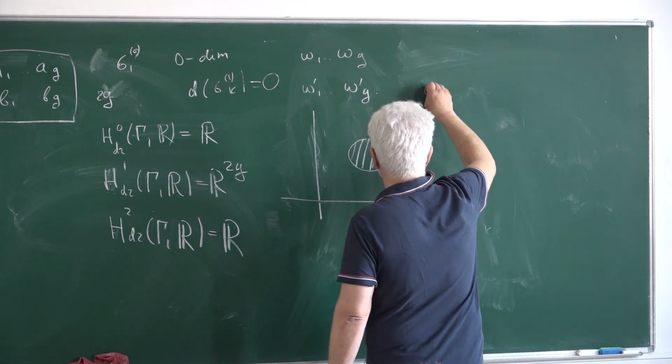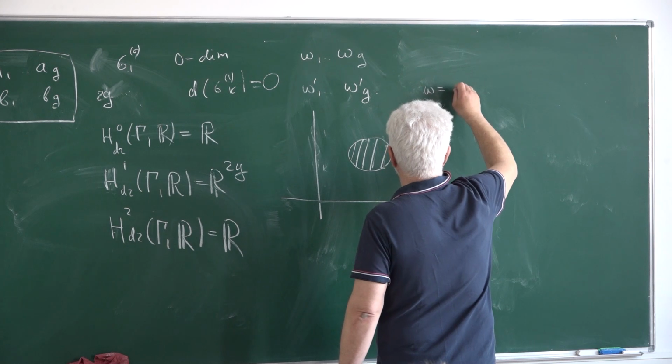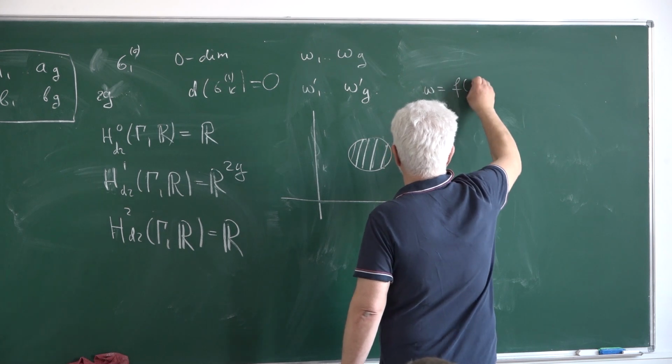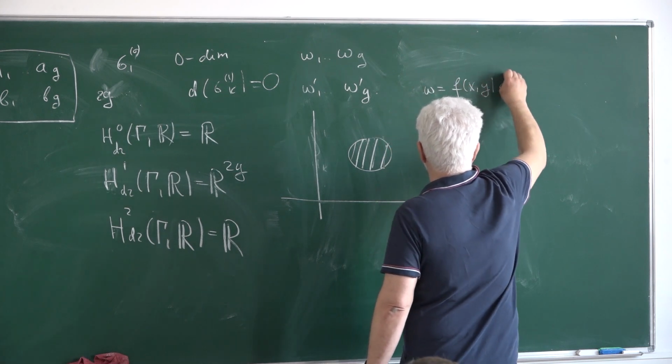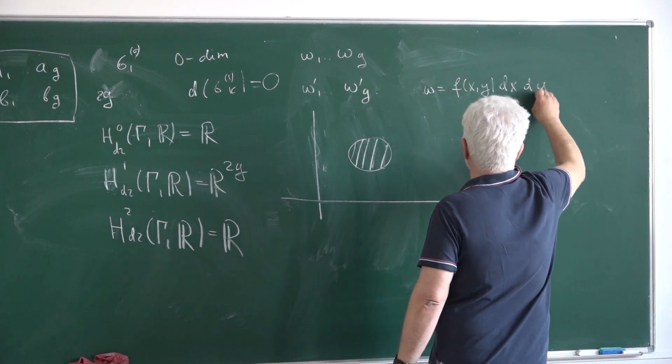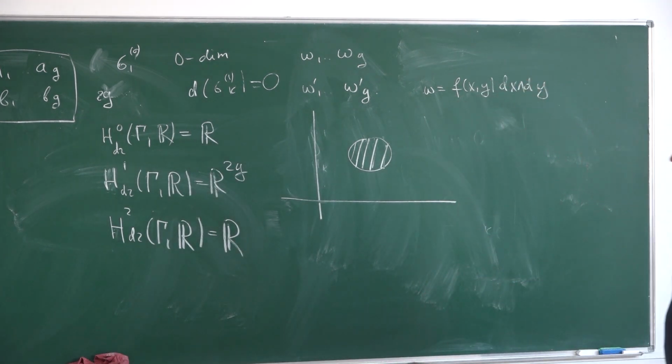Two-forms, sorry. Omega is dx dy. We have two-forms. How to construct? Okay, we can try to construct a form.